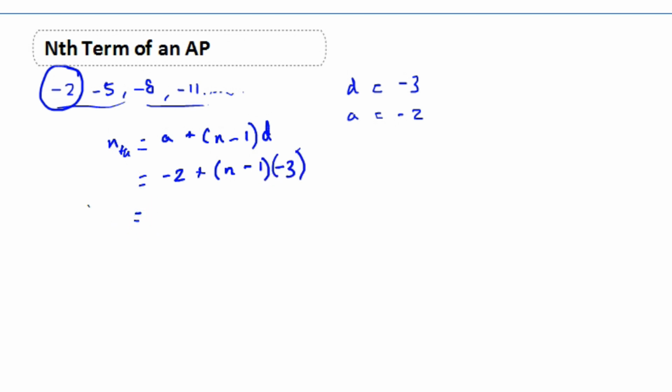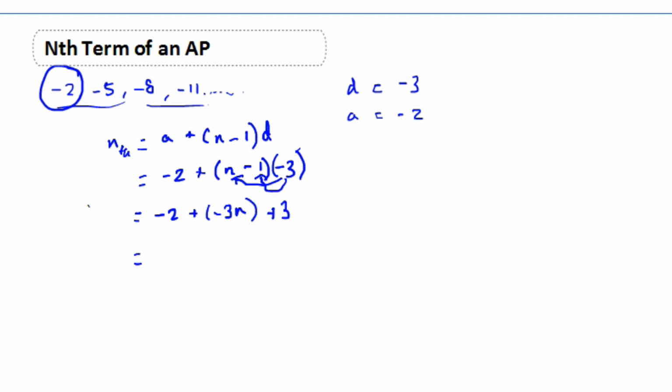That can be simplified further. I'll apply the distributive property here. So multiply this by this and then by this. So that becomes -2 plus -3n, and -3 multiplied by -1 becomes +3.